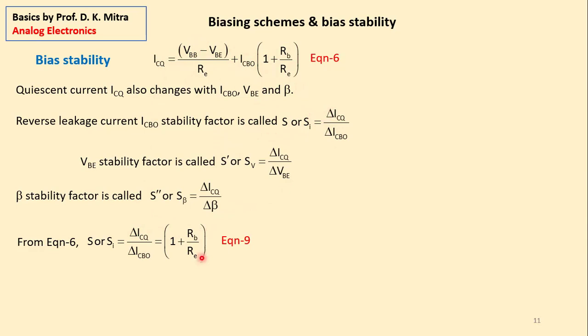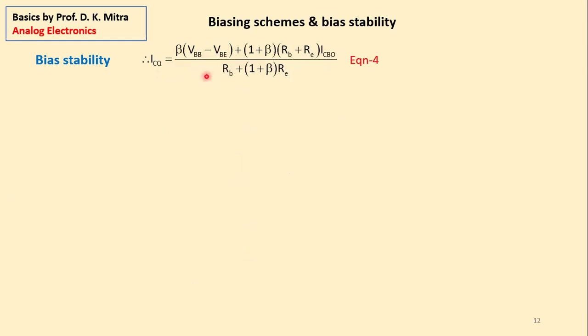Mind it, we are once again landing up in a relation of RB and RE. These two are very important resistors in a transistor design. And S dash or SV is del ICQ by del VBE. If you do this, it is only minus 1 by RE, equation 10.